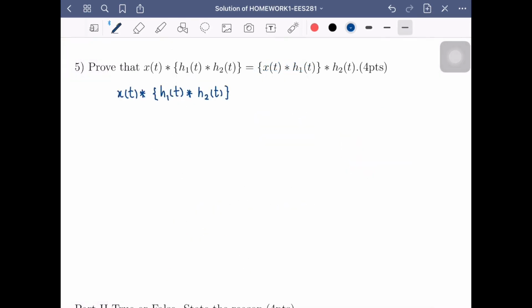The next question, we have to prove this equation. Start with x(t) convolution with h1 and h2. So we just group them like a switch of pairs like this.